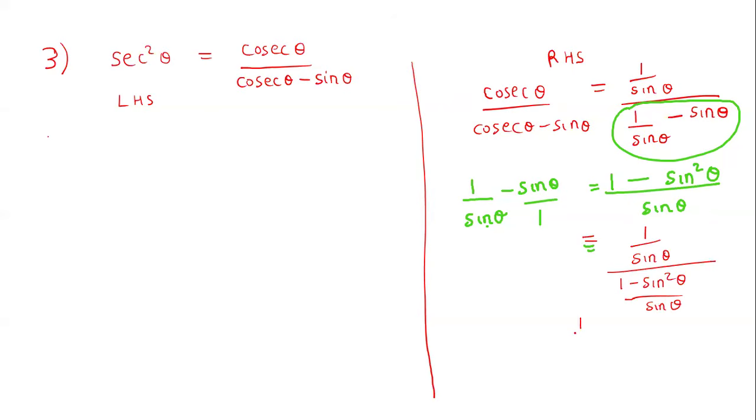Then you do your algebra: this is 1 out of sine of theta times sine of theta out of 1 minus sine squared of theta. So the sine and the sine will cancel, and you remain with 1 out of 1 minus sine squared theta.